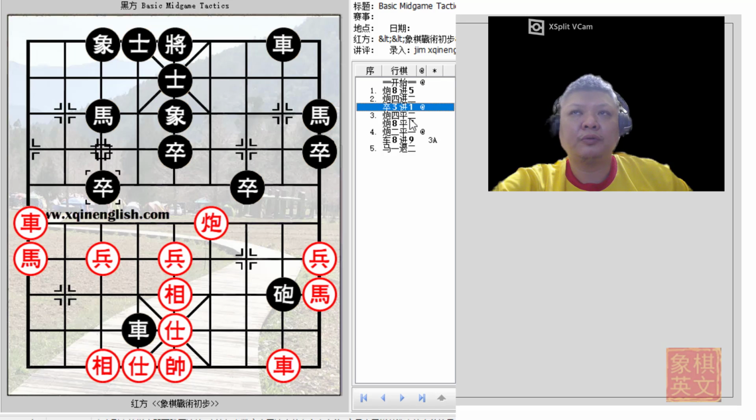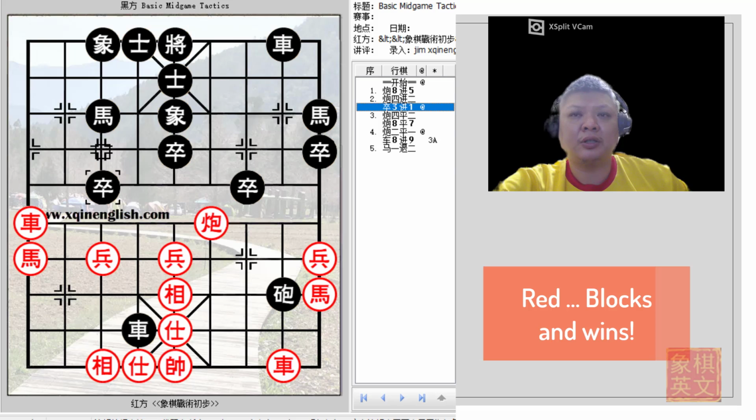For this move, black tried to address the underdevelopment of this black horse by pushing the pawn forward. Now he will be prepared to play, say, h3 plus 4, etc. to attack, and red will be in more danger. But fortunately for red, he could now use the tactic of blocking to his advantage.